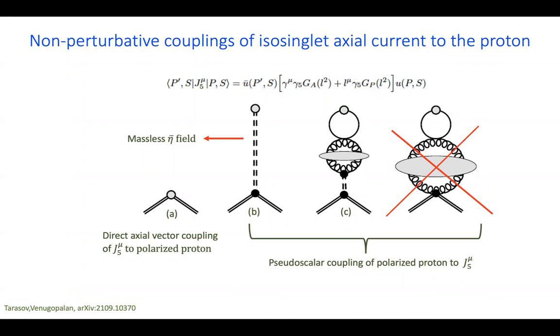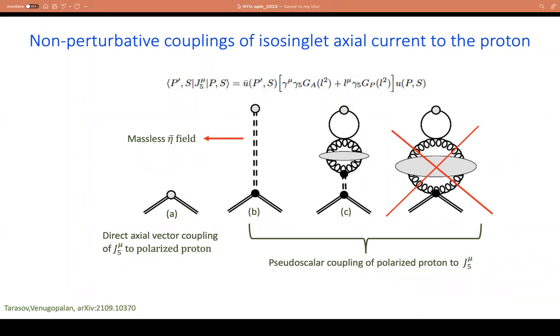But then there's this massless eta bar field that I mentioned, this QCD axion field, which decays into two photons. But then there's another diagram whereby this massless eta bar couples to the QCD topological susceptibility, and then through the QCD topological susceptibility, it couples to these two photons. So these are both contributions to the pseudoscalar form factors. This is the isosinglet sector, so there's axial vector and pseudoscalar.